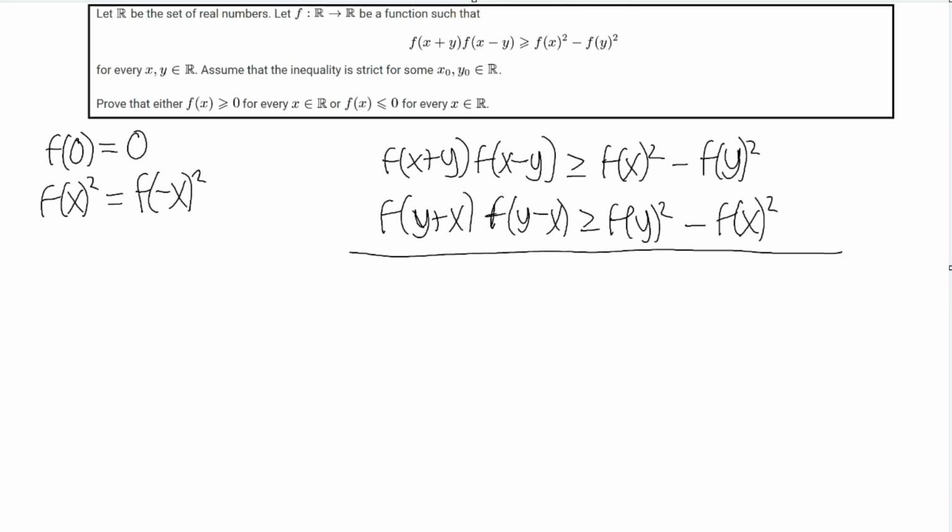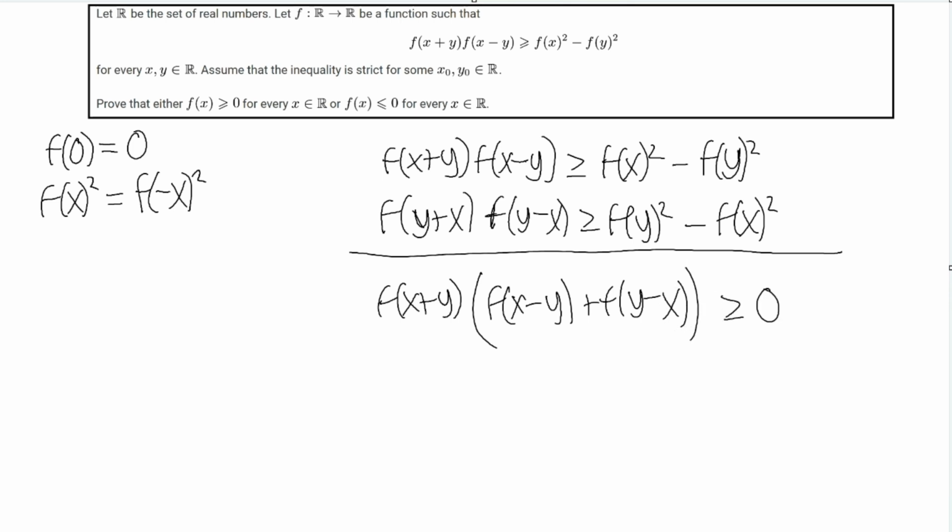So if we add the two together, we end up getting f of x plus y, because that's a common factor, times f of x minus y plus f of y minus x, is greater than or equal to 0. Now, we know that these two are either equal to each other or they are additive inverses of each other, since we know that f of x minus y squared equals f of y minus x squared by the claim.